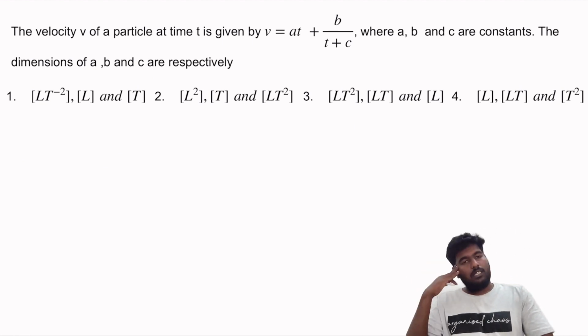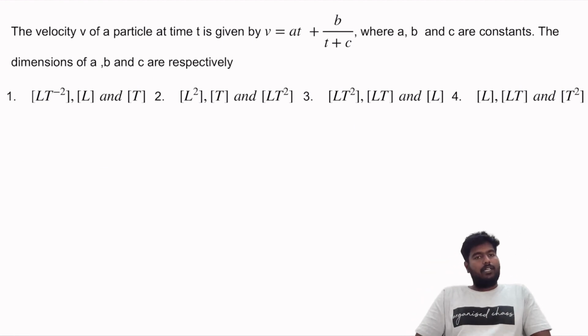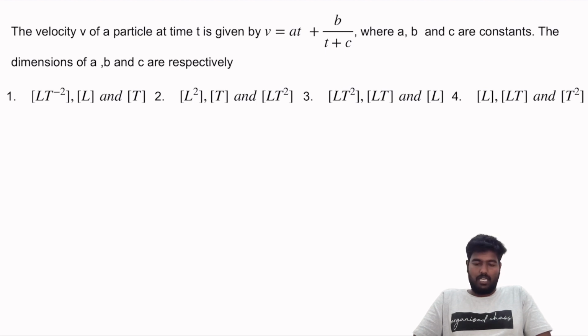The velocity v of a particle at time t is given by v equals a t plus b by t plus c, where a, b, and c are constants. The dimensions of a, b, and c are, respectively... So we have to find the dimensions of a, b, and c.